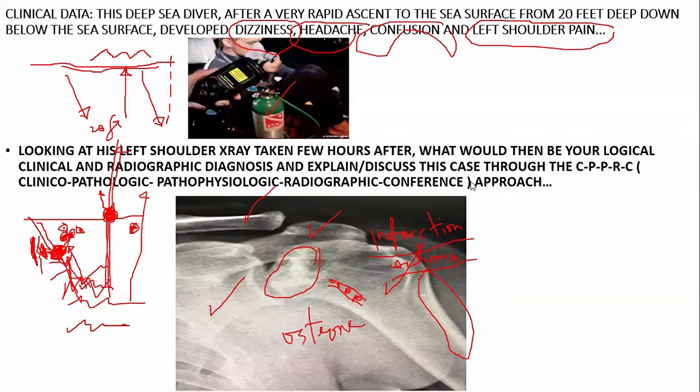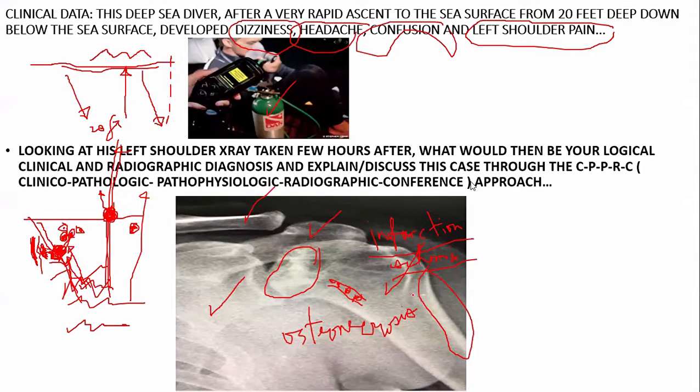The cause of the osteonecrosis was the ischemia due to the bubbles formed in the blood vessel, simply because this diver made a very rapid ascent.